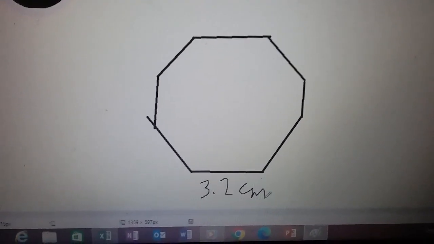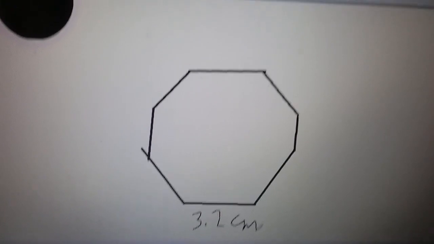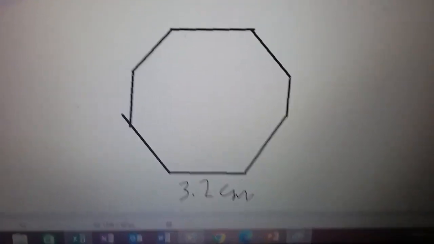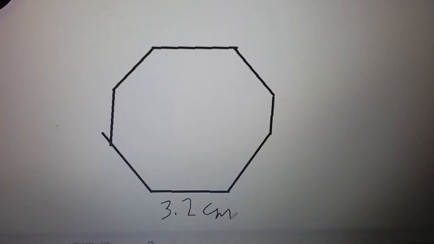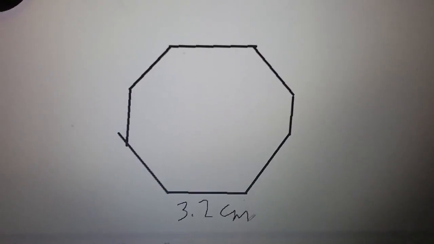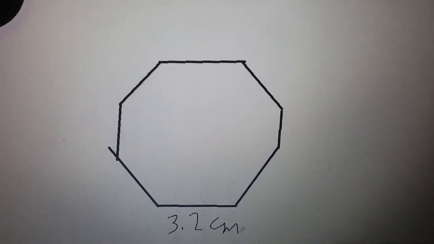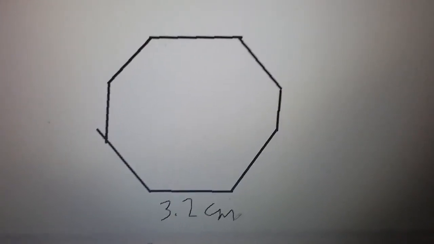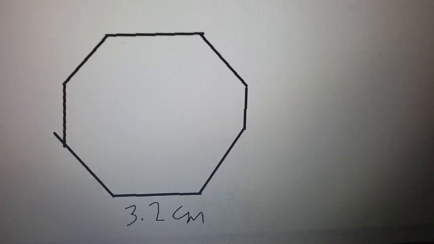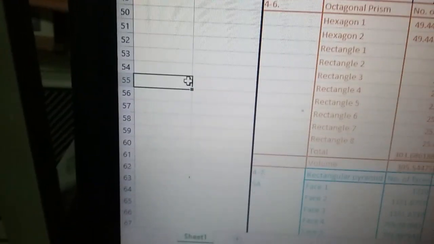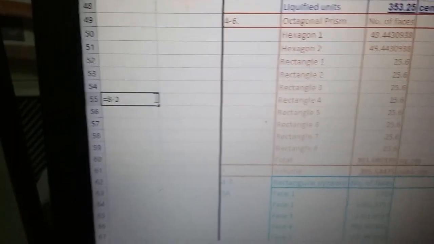Okay, so this is the octagon that I drew. Ito yung octagon na ginuhit ko. First, we know that it is a regular octagon. In a regular octagon, di ba you remember the formula that I told you? What is the measure of every angle in a regular octagon? Ganito kasi yung formula. Di ba when we go to Microsoft Excel, it's always n, which pertains to the number of sides, 8 minus 2, which gives you 6.